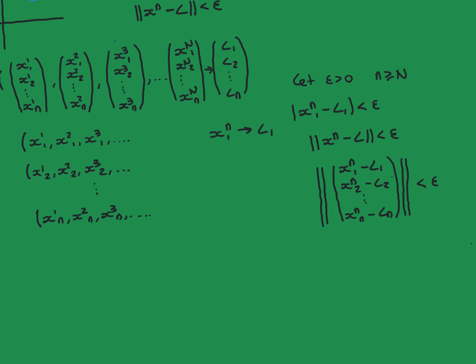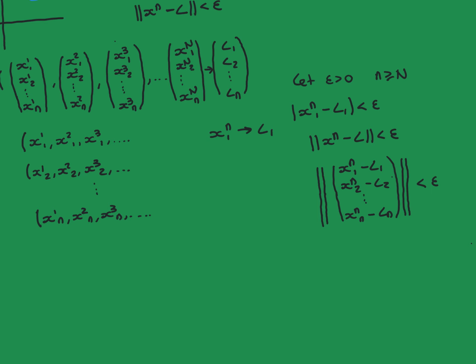I'm sorry, it's too late to stop now, but don't get confused. This is the n referring to the dimension of our space, and this is the n referring to our term in the sequence. And then we've got our vector L, which written out in full is L1, L2, all the way down to Ln.